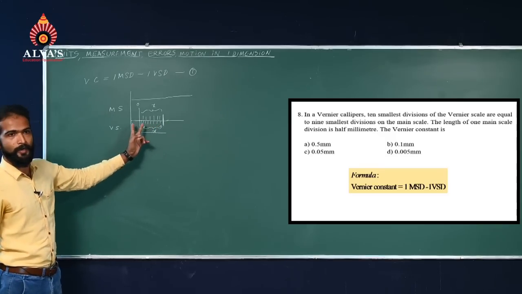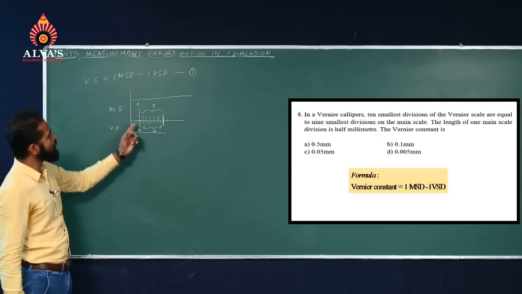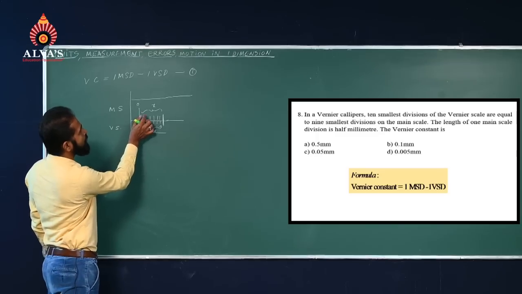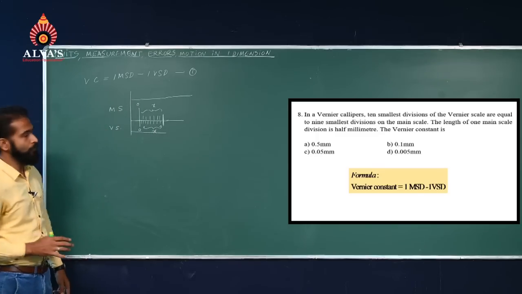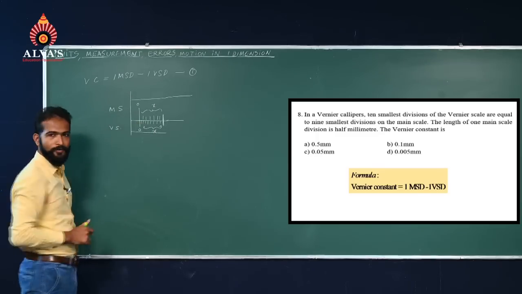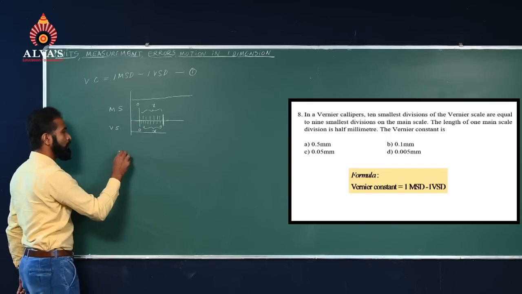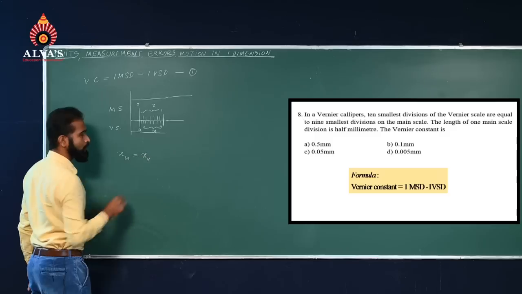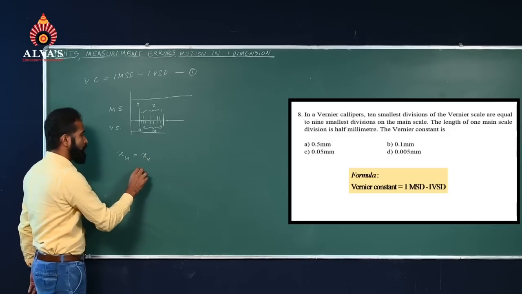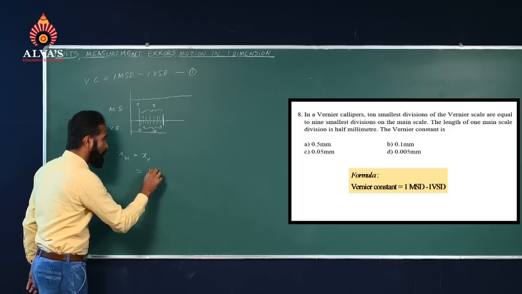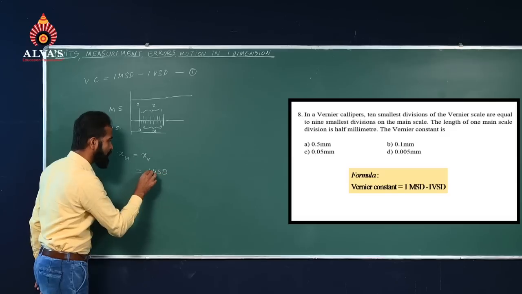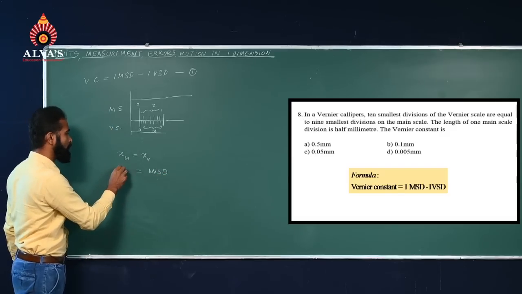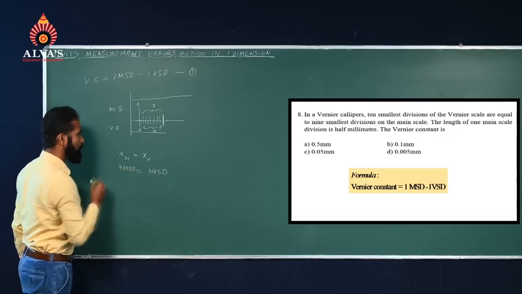Nothing is mentioned regarding the vernier scale. What is mentioned is the value of one main scale division, a half millimeter. We don't know the value of one vernier scale division. But if you look at this diagram, the x for the main scale is same as x for the vernier scale. So 10 vernier scale divisions are going to coincide with 9 main scale divisions.